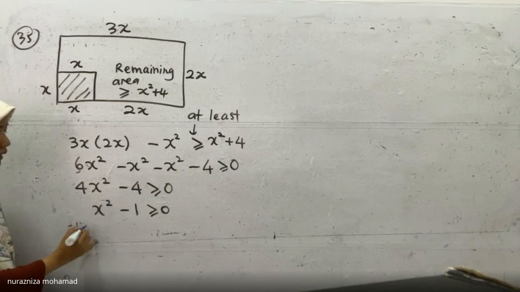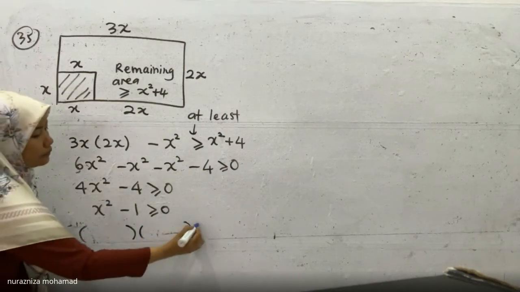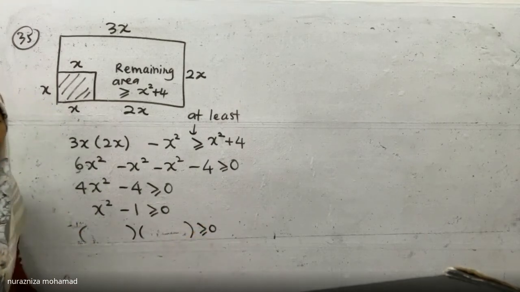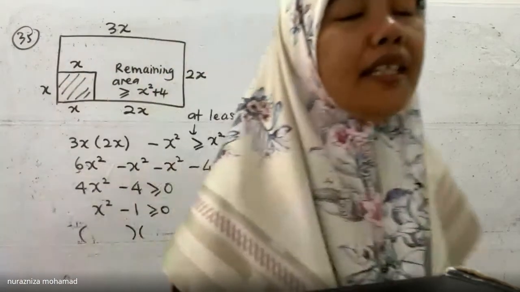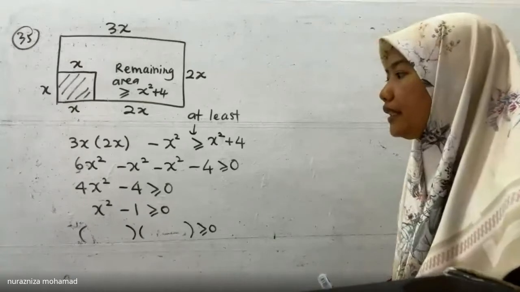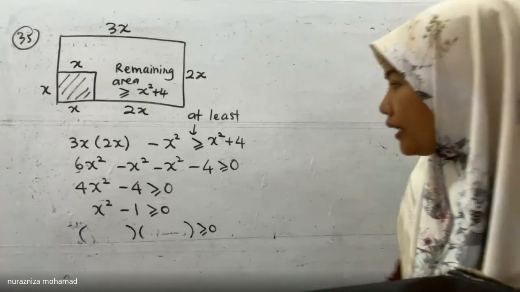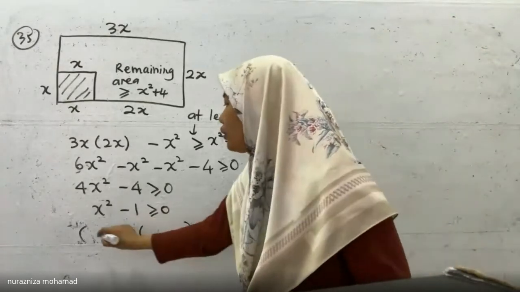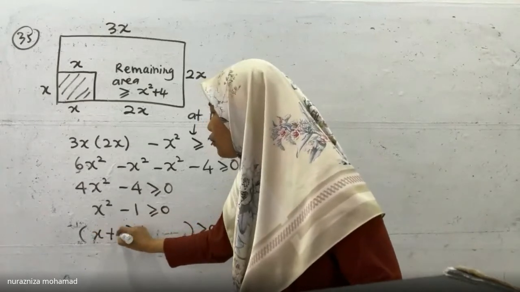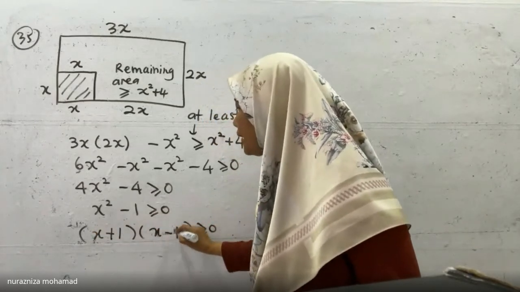So now you factorize. So press EQN. A is equal to 1, B is equal to 0, C is equal to negative 1. So this is equal to x plus 1, x minus 1.